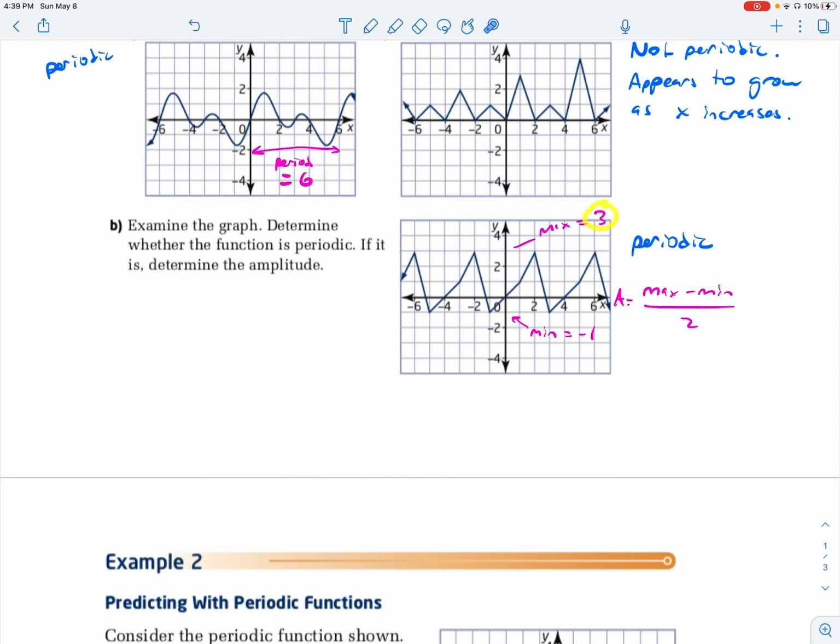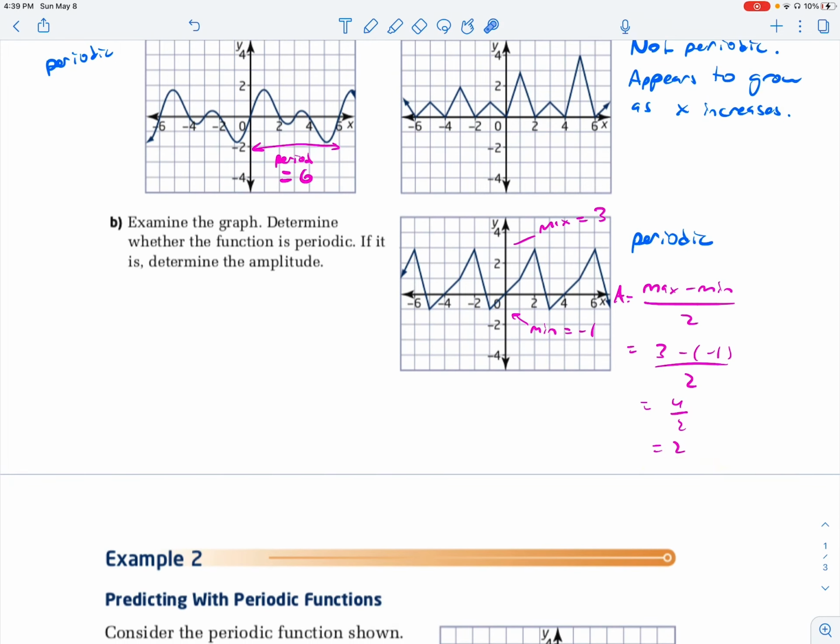My max value 3 minus the minimum value -1 gives me the total distance of 4, and then I cut that in half. So the amplitude is 2. You can also just count squares: I go up 1, 2, 3, 4. That's my total distance. Divide that by 2, and you get an amplitude of 2.